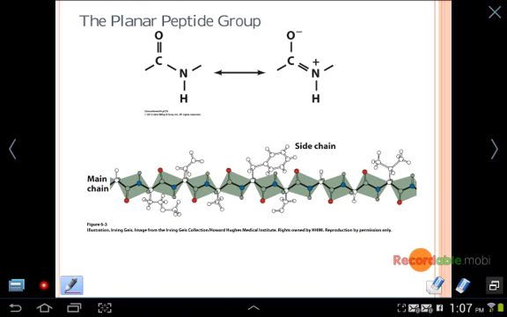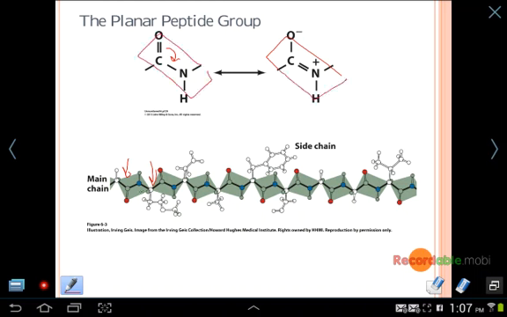Okay, so we've already talked about primary structure when we talked about the different amino acids and how they come together to form a peptide through a condensation reaction. Secondary structure is driven mainly due to torsion angles here and here. Now, in the peptide bond itself, because of the resonance between the carboxylic group and the amine group through the CN bond, we have a planar structure here.